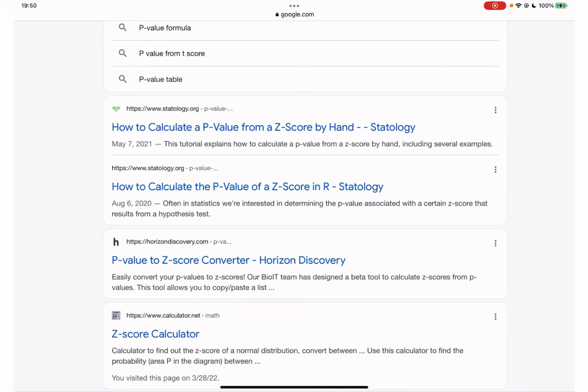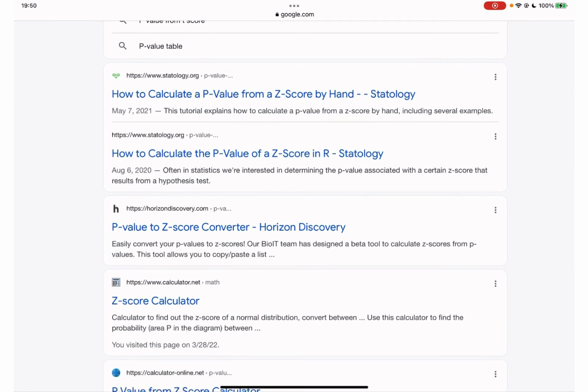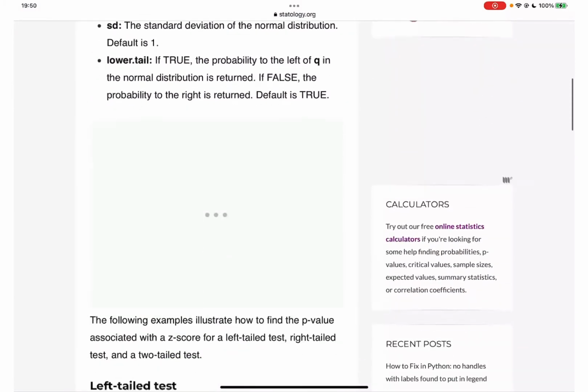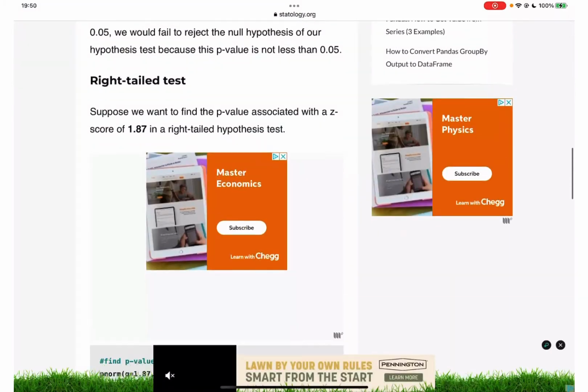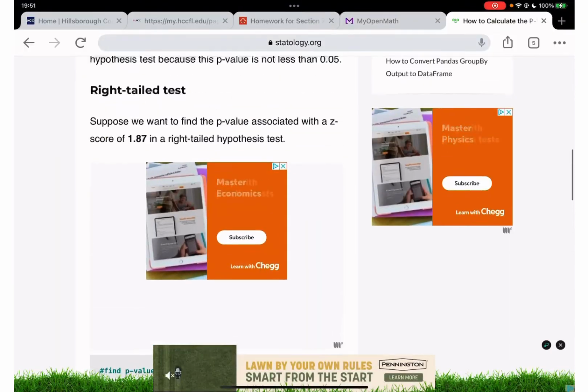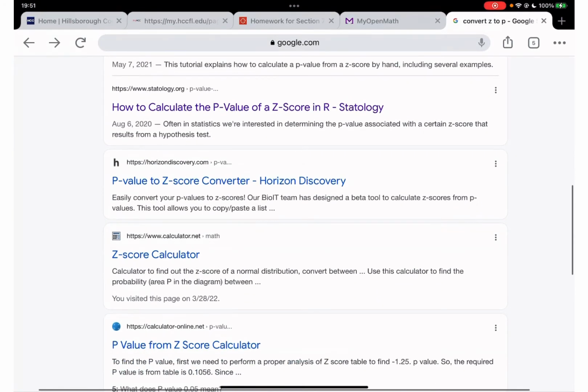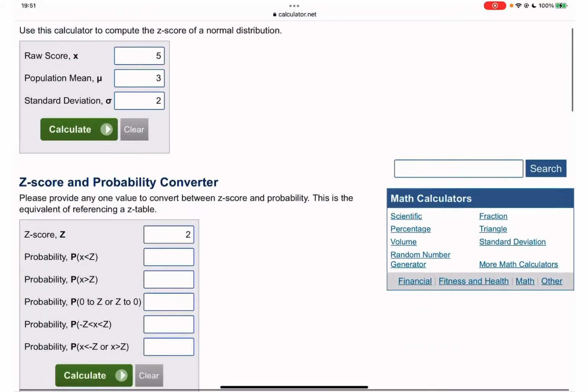Maybe that one. No, this is by hand. Let me see this one, the calculator. You have it. I placed it underneath the previous videos, p-value and z-score, so you can use it. Here it is.